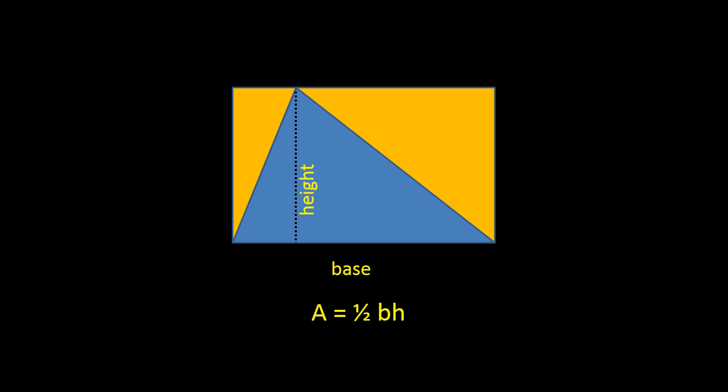But the blue triangle, which is the one we want to find the area of, is half of that area. After all, it took 2 triangles to make this rectangle. So one triangle has an area that's half of the area of the rectangle. So once again, we have that the area of the triangle is 1/2 times the base times the height.